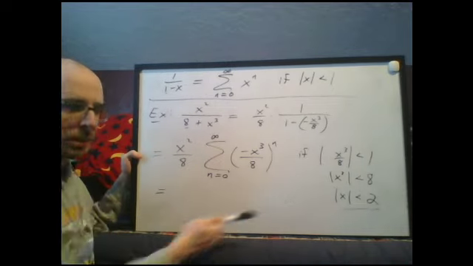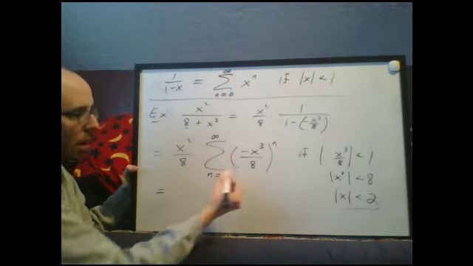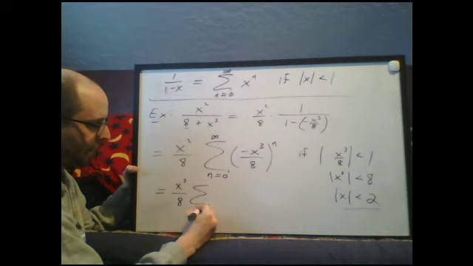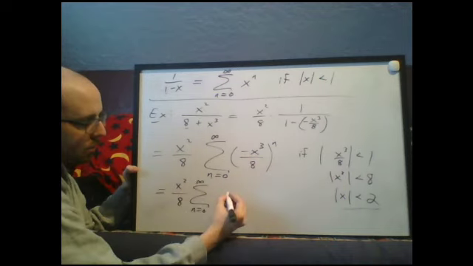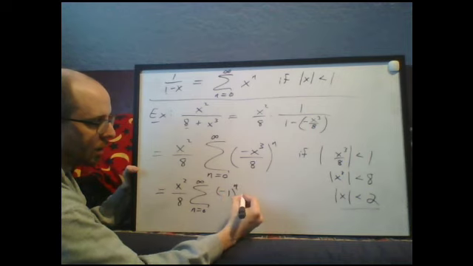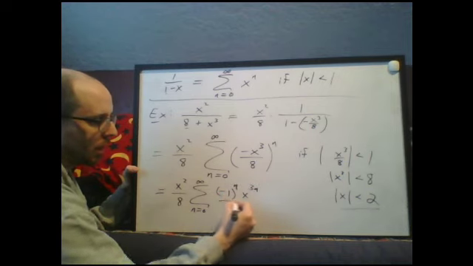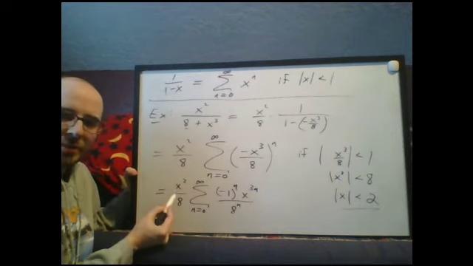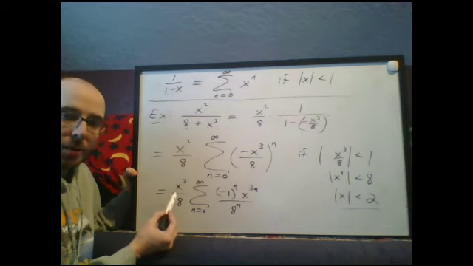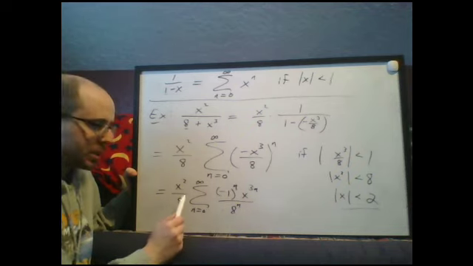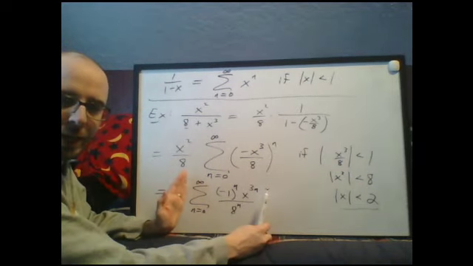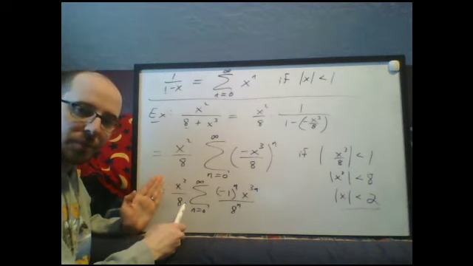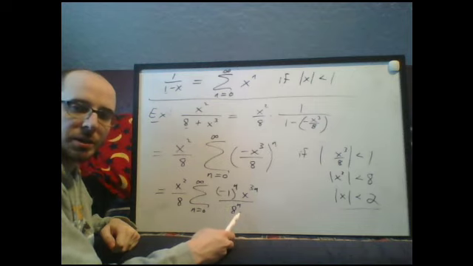I'll erase this condition in a second to give myself a little more space, but now let's simplify this. So this will be negative 1 to the n times x to the 3n divided by 8 to the n. Now we still have this stuff outside the summation, but I can multiply it into the summation. This is just like, I have a big sum, a bunch of stuff being added together here. It's all times this. So I can distribute this extra factor out front. I can distribute it to each term in the sum.